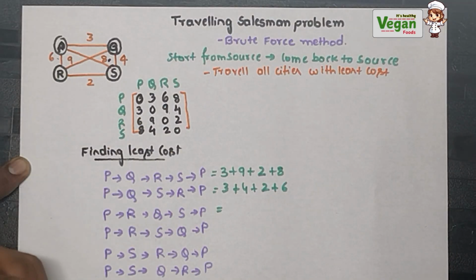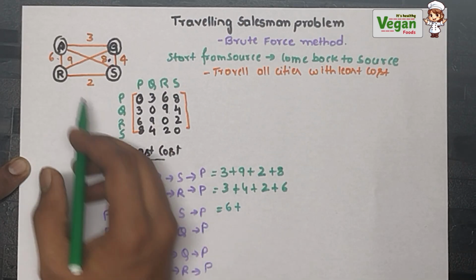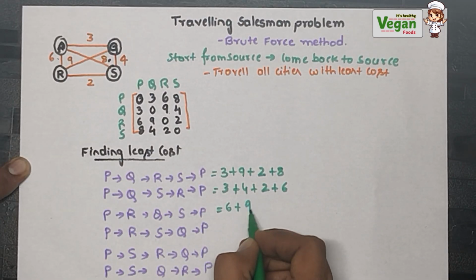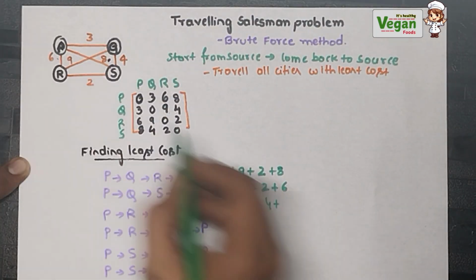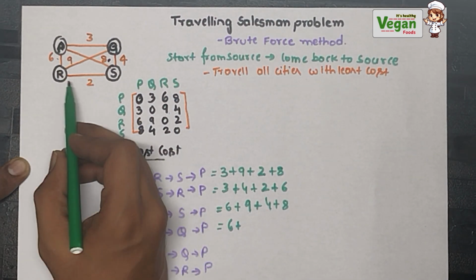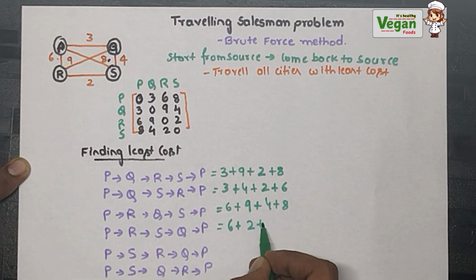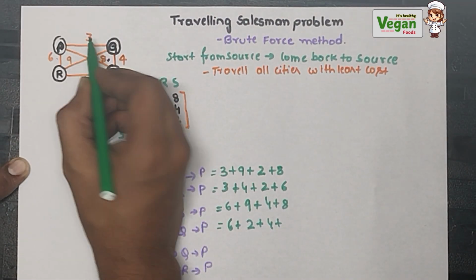P to R it is 6, R to Q it is 9, Q to S it is 4, S to P it is 8. P to R it is 6, R to S it is 2, S to Q it is 4, Q to P it is 3.